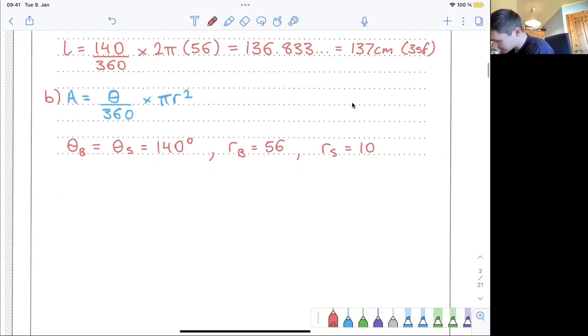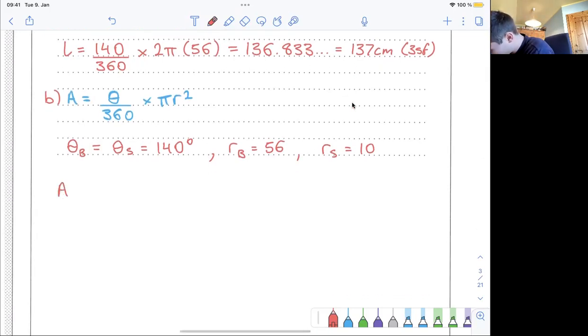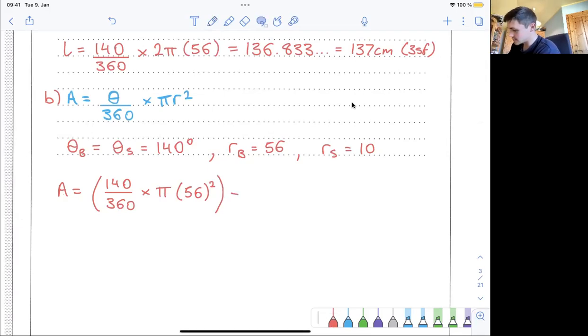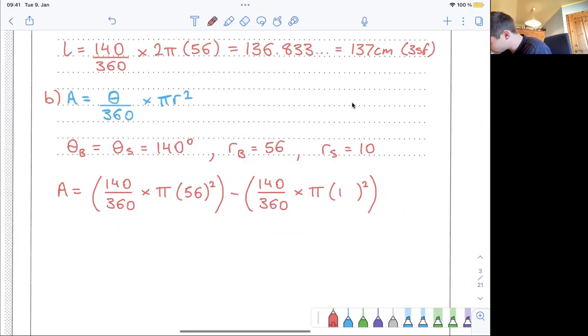So we need the big sector, subtract the little sector. A is equal to 140 divided by 360 times pi multiplied by 56 squared. Now we're going to have to subtract the smaller sector. It's exactly the same thing, but we change our r from 56 to 10.